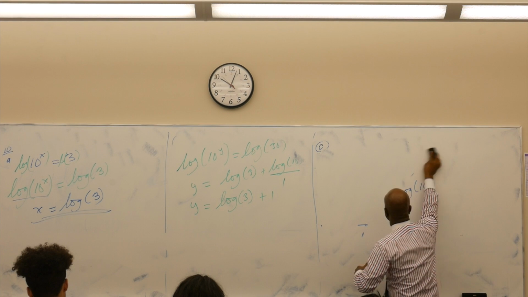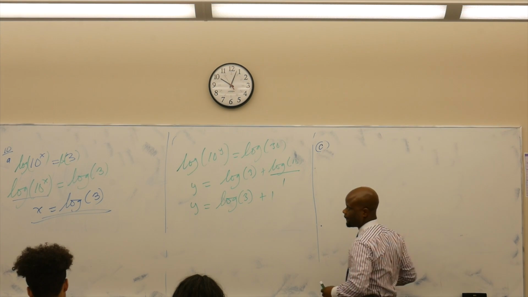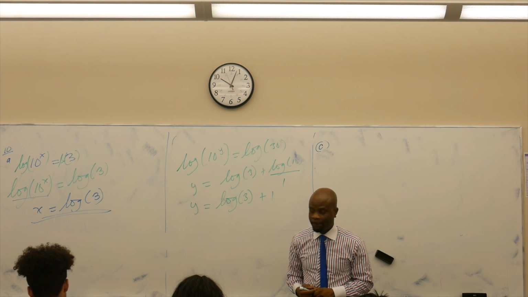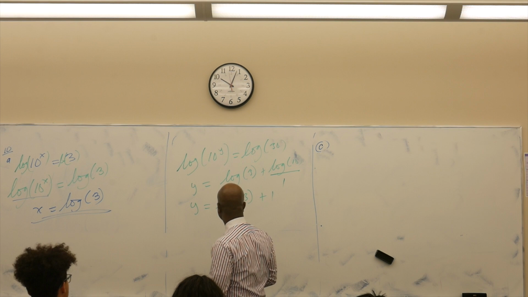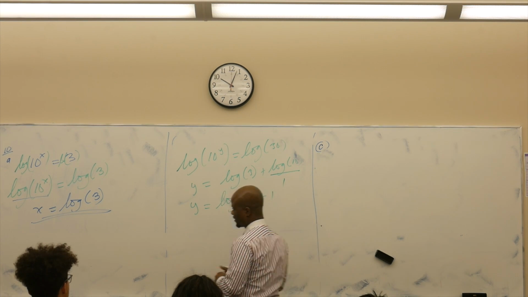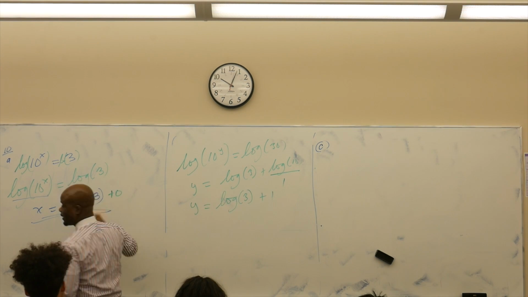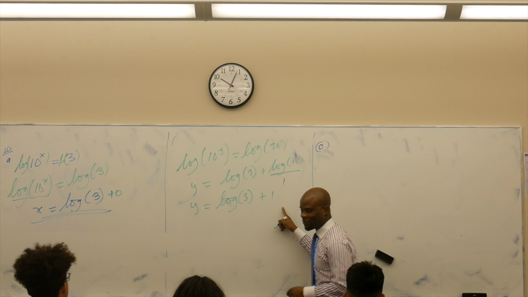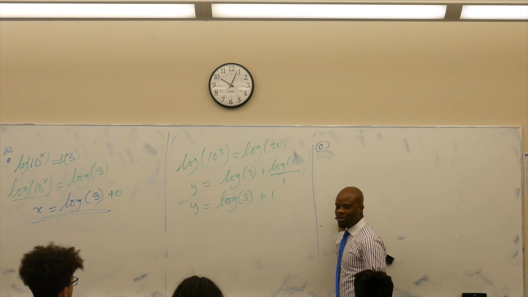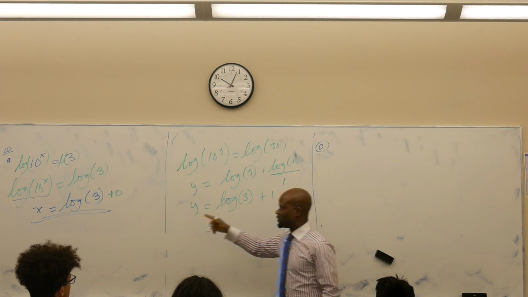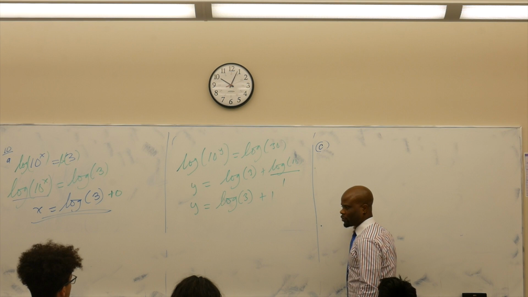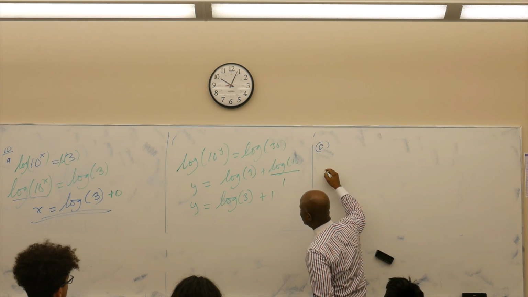What should the answer for C be? The log of 3 plus 2. Okay. Right? Log of 3 plus 1. Why are we having plus 0, plus 1, and plus 2? Why? Anybody see a reason?